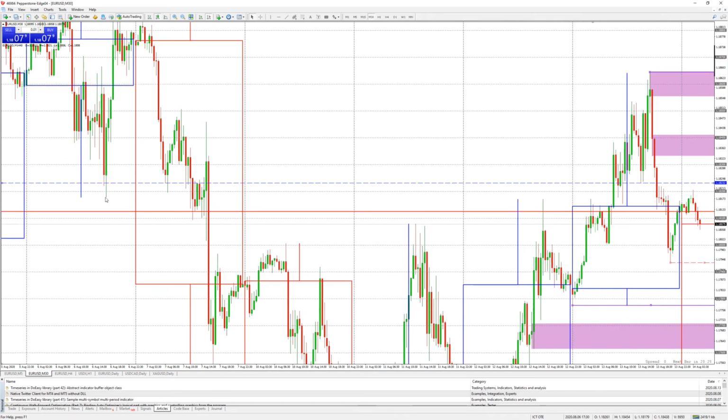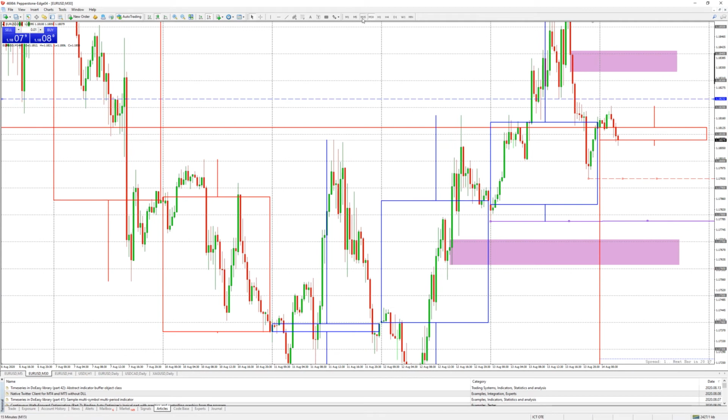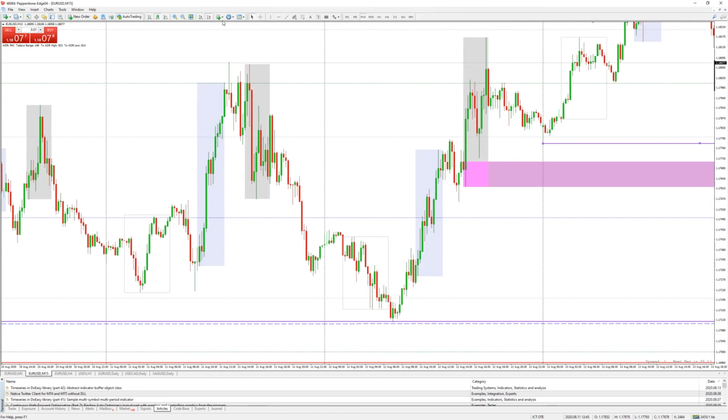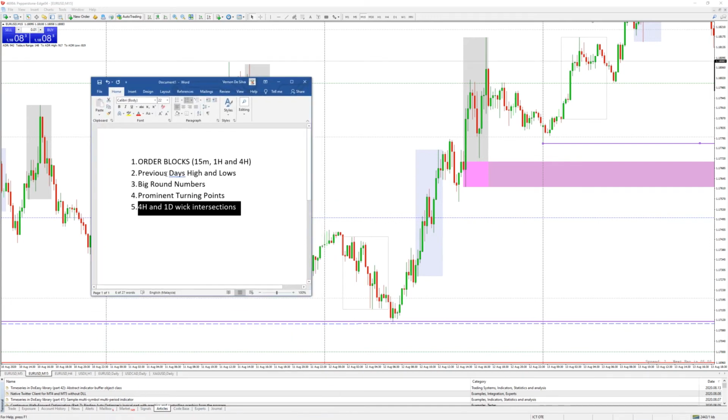This was the one that was already used up. So that's how you do the levels of the day. You have order blocks, previous day's high and low, big round numbers, prominent turning points, and 4 hour and 1 day week intersections.